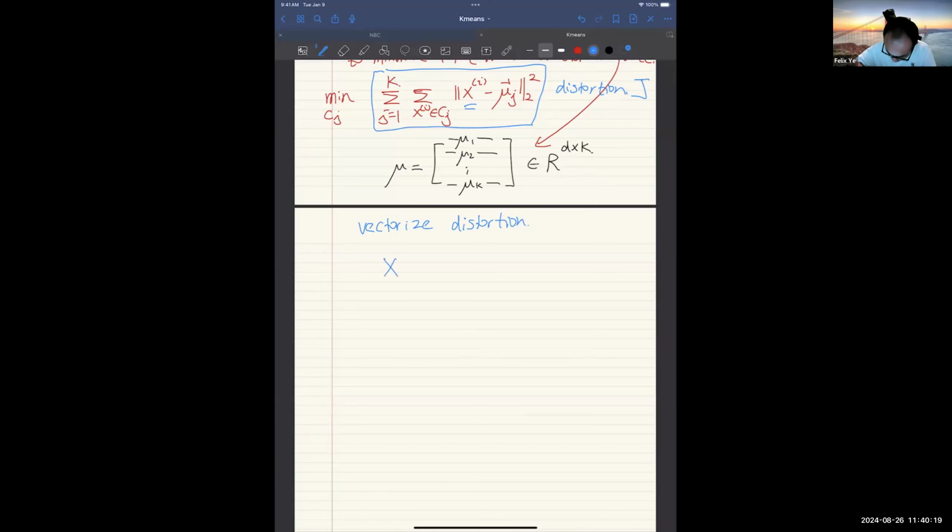So we have X here, subtract Z times mu transpose.